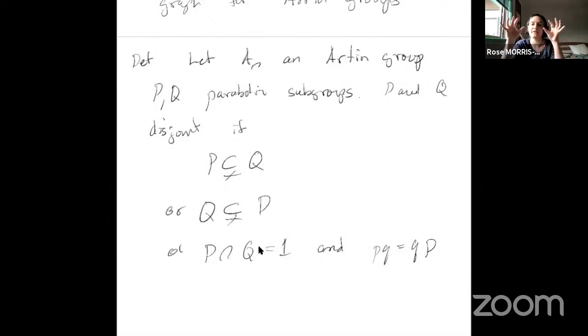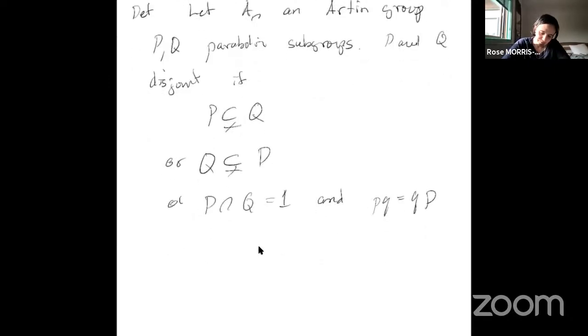So the idea here is that when I think of P and Q together, their union isn't necessarily a subgroup, but together they're giving me a Z^n subgroup inside my Artin group. So this is our definition, and then we define what's called the complex of parabolic subgroups.